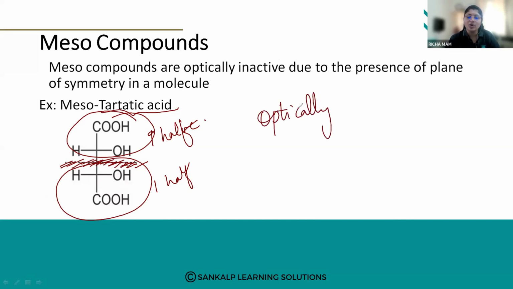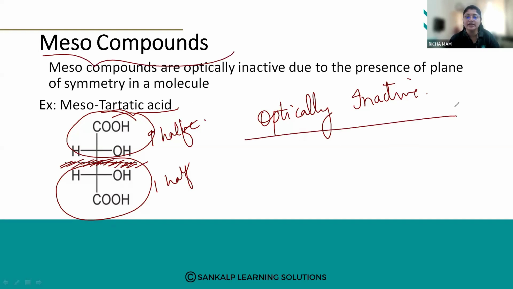Why is it optically inactive? Because the rotation produced by one half is compensated by the other half of the molecule. Such a compound is called a meso compound. So meso compounds are optically inactive.